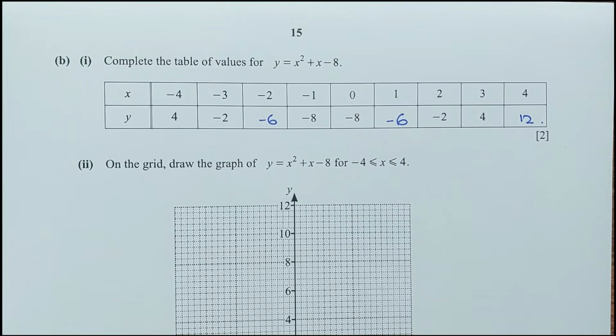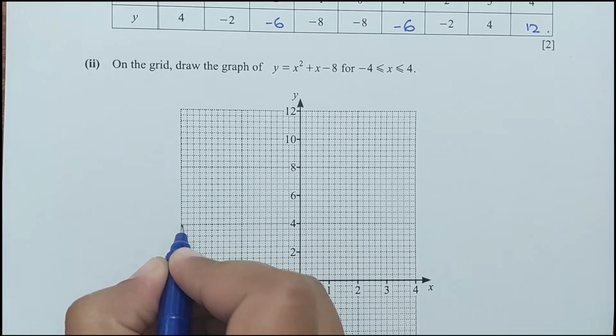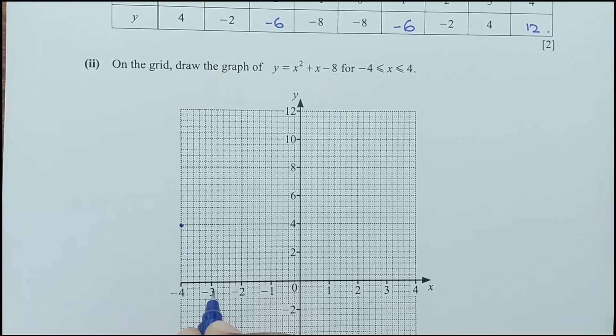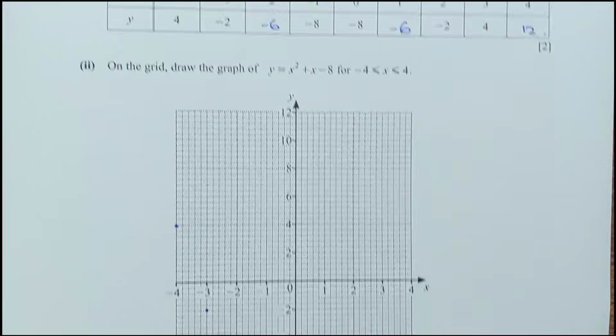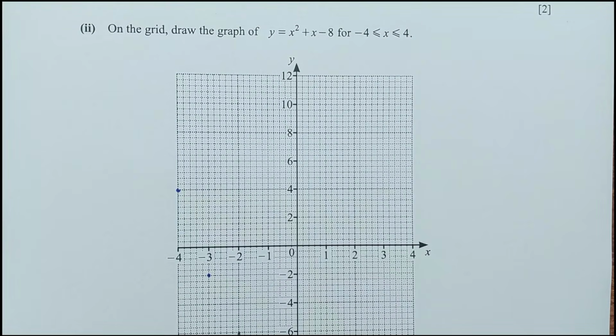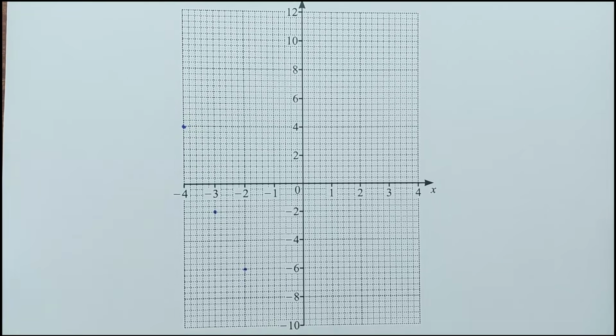Now for the second part on the grid, draw the graph of the function for x between minus 4 and plus 4. When x is minus 4, y is 4. When x is minus 3, y is minus 2. For minus 2, minus 6. For minus 1, it's minus 8.